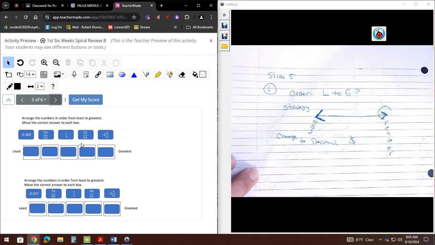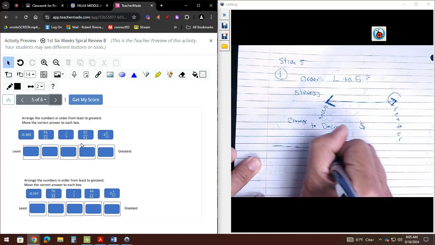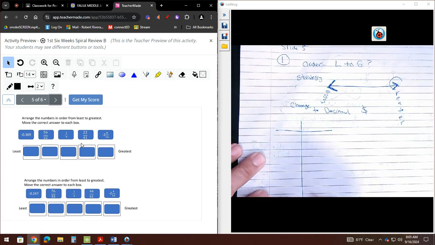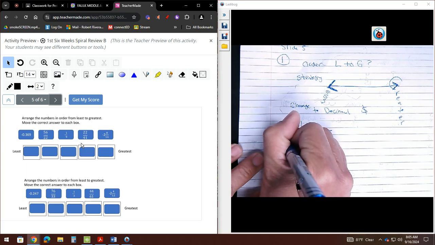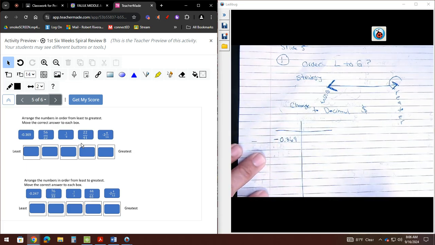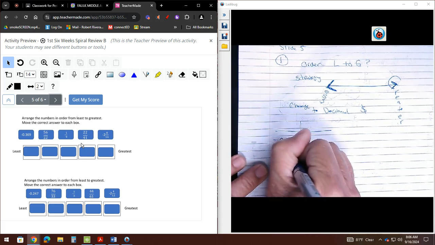Okay, so to organize this in a nice way, I like to do a T-chart. And I like to put the numbers that they give me, which are the facts. Negative 0.369, 56 out of 22.